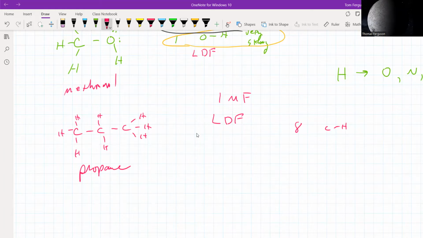So those are slightly polar, but not much. So what else do we have? Nothing else. So the only intermolecular force in propane is the dispersion force, the London dispersion forces. So overall, which has stronger IMFs, the methanol or the propane? Methanol.